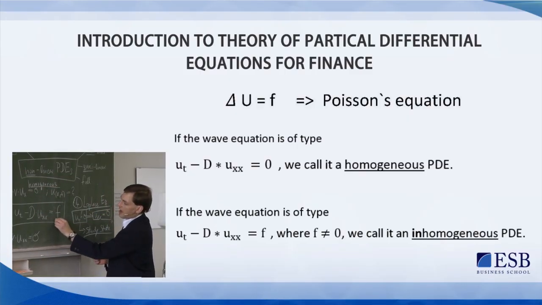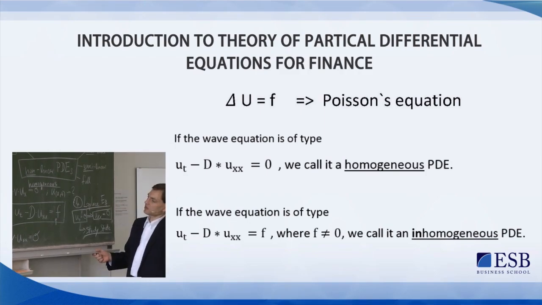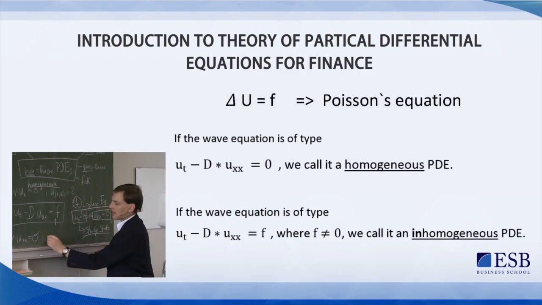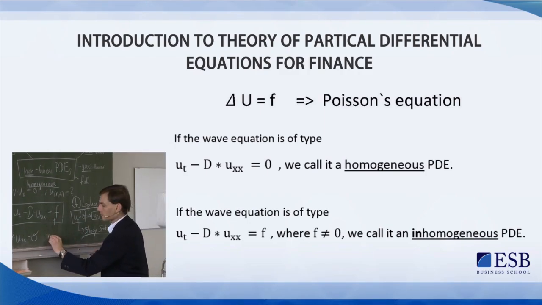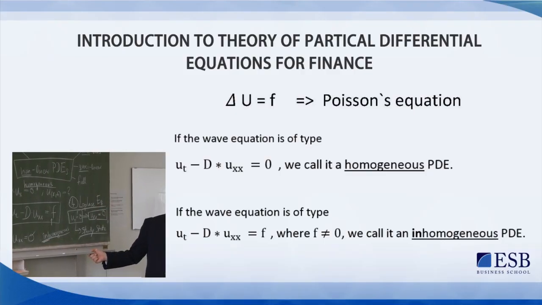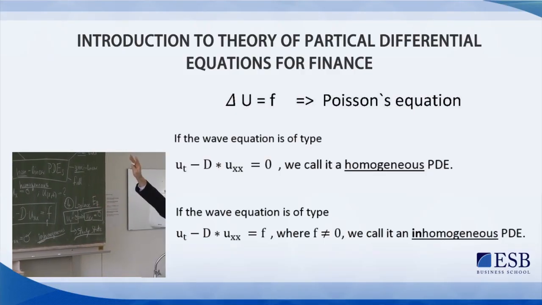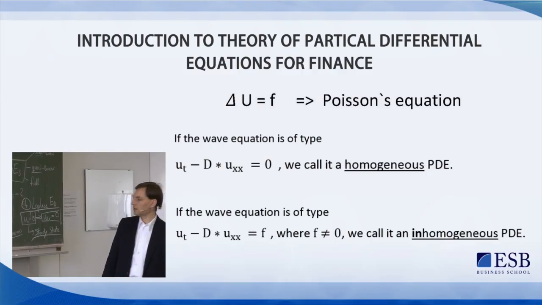And whenever we have a fixed value here on the right-hand side, we call it inhomogeneous. And it's all about terminology, you see. We are not doing any calculus so far.